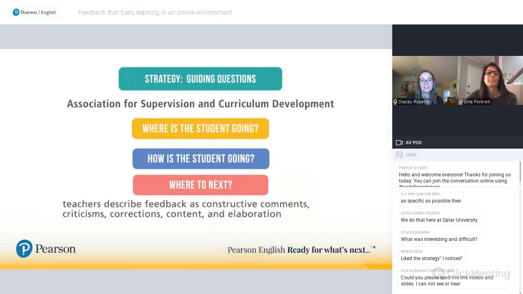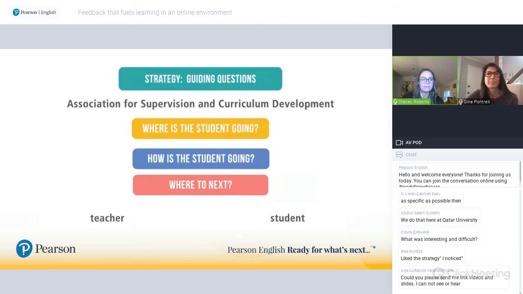When we ask teachers to describe feedback, they typically reply that it's about constructive comments, criticisms, corrections, content, and elaboration. Students, however, value feedback that helps them know where they're supposed to go.